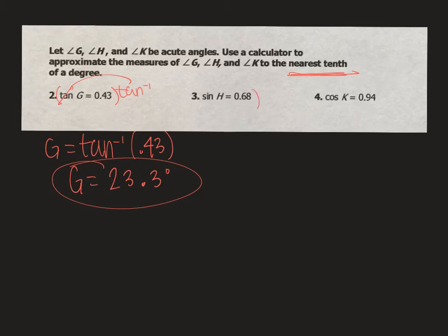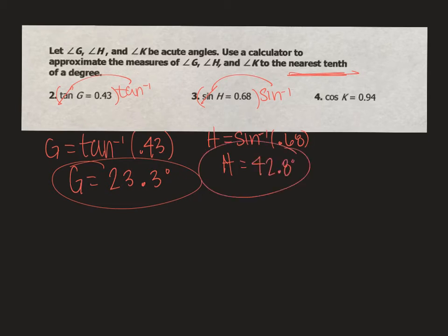So in number 3, we need to undo sine. So we're going to use the sine inverse, which is going to cancel out my regular sine. So sine inverse of 0.68 for angle H is going to give me about 42.8 degrees.